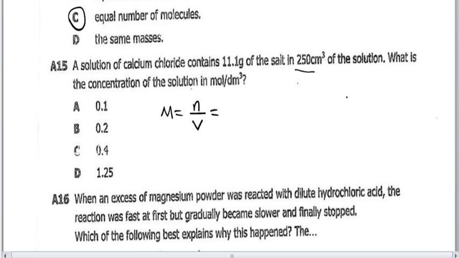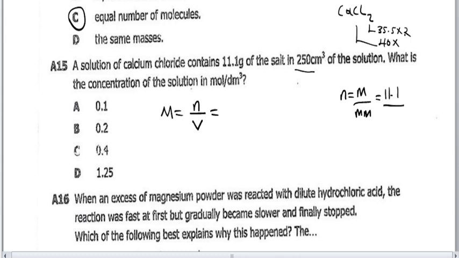Then the number of moles we've not been given, so we can say number of moles is equal to mass divided by the molar mass. The mass given is 11.1. Then what is the molar mass of calcium chloride? Chlorine is 35.5 multiplied by 2 atoms, calcium is 40 multiplied by 1.